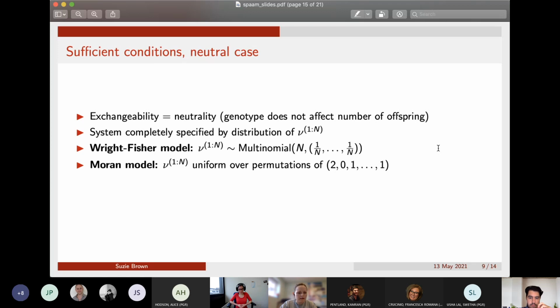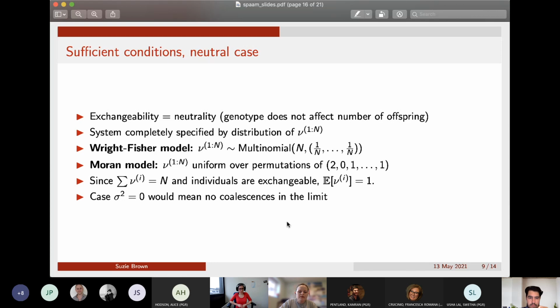Okay, and then what else do I want to say? Another thing to notice is that because we have a constant population size, the sum of the offspring counts is going to be equal to n. And we're also assuming the individuals are exchangeable, which means that the expected number of offspring of each individual has to be 1.